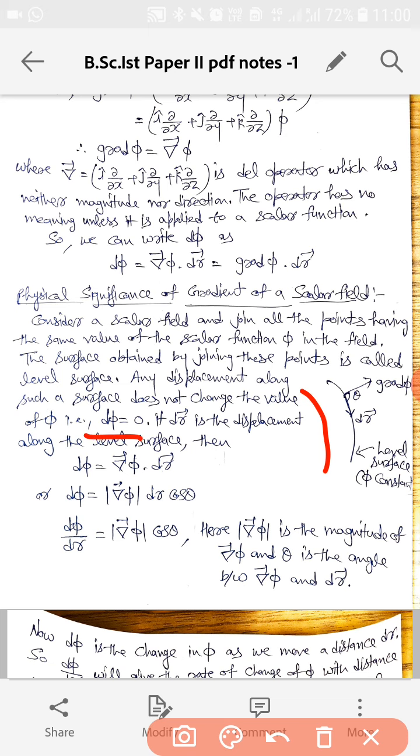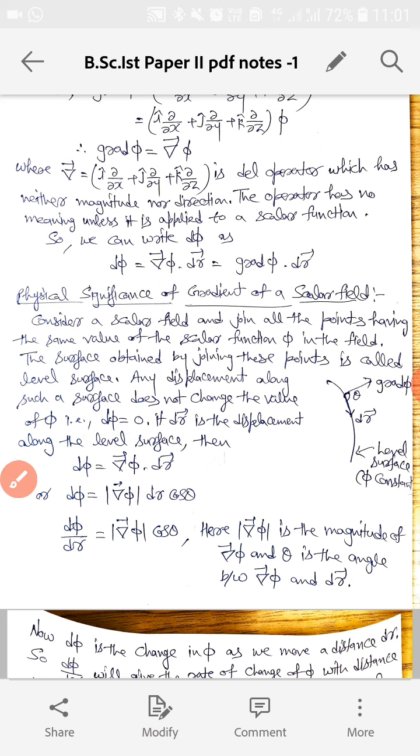dφ is 0. And if dr is the displacement on the level surface, suppose we move from this position to this position by a dr vector. In that case, the change in φ will be the gradient of φ dot product with the displacement vector.